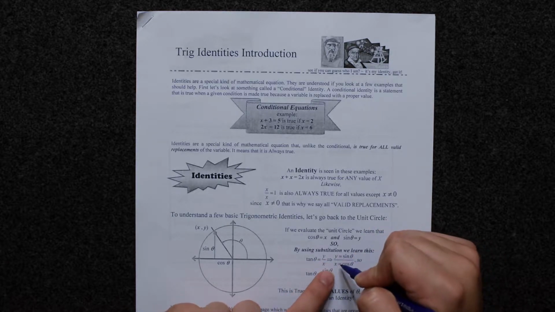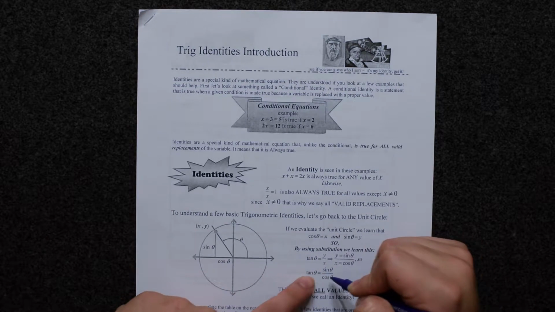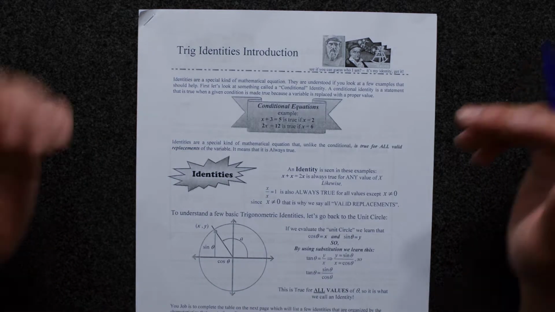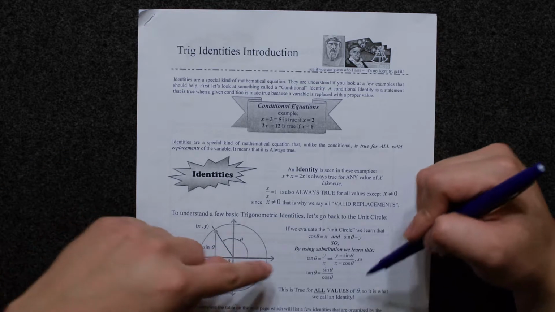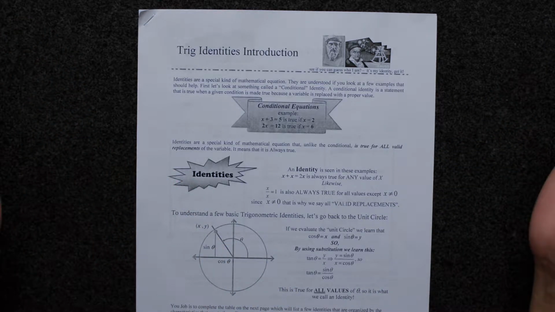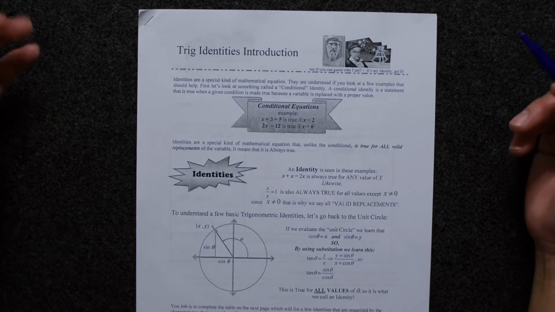And since y is sine of theta and x is cosine of theta, tangent of theta is equal to sine of theta divided by cosine of theta. That's an identity that you guys already know. So this is what we call identities, just basically equations that are always true.